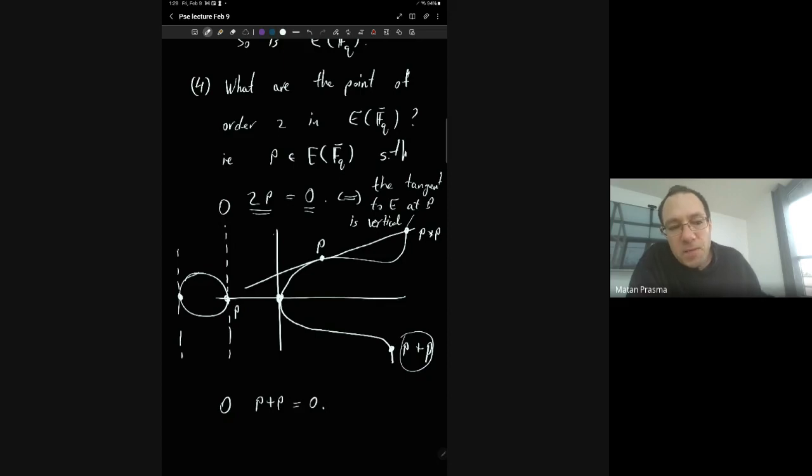The only way that P plus P will be 0 is if the tangent line doesn't intersect the curve at a finite point. And then we say that it intersects the curve at the point at infinity, and then 2P is defined to be O. This drawing is only for psychological reasons. Whatever I said here is meaningful over any field. And we indeed define the tangent line and what is a vertical tangent line over any field.